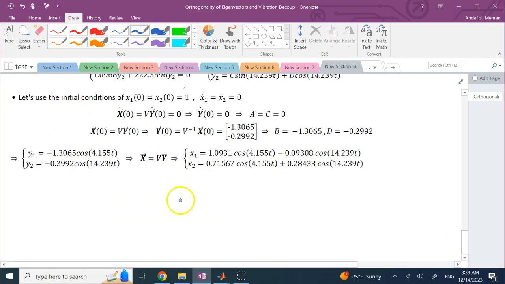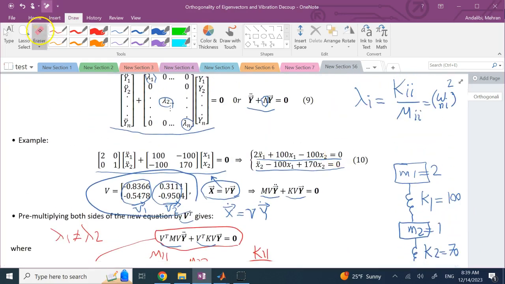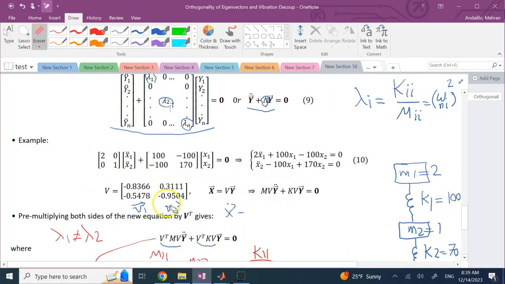So if you have forced vibrations like m x double dot plus k x equals f, and this f is like some harmonic function or any other function. Now again, because this k is not diagonal, you have the coupled ODE.